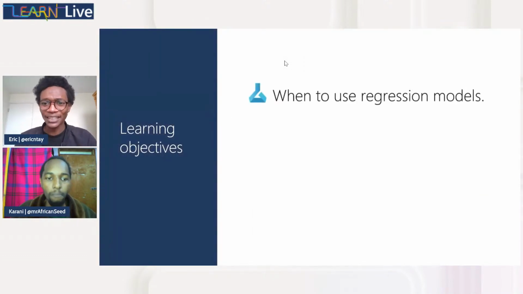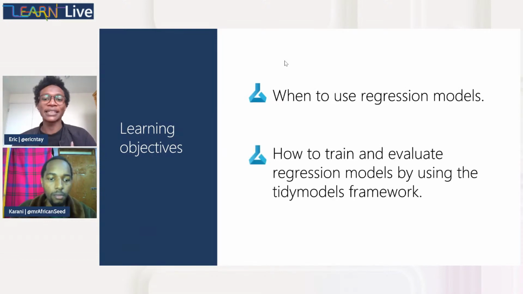These are our learning objectives for today. We'll learn when to use regression models and then how to train and evaluate regression models in a good and acceptable statistical manner. This will be guided by the tidymodels framework in R. If you're not familiar with it, this is a framework that allows you to do statistical learning and machine learning in the R language, very similar to what we have in scikit-learn if you're familiar with Python.